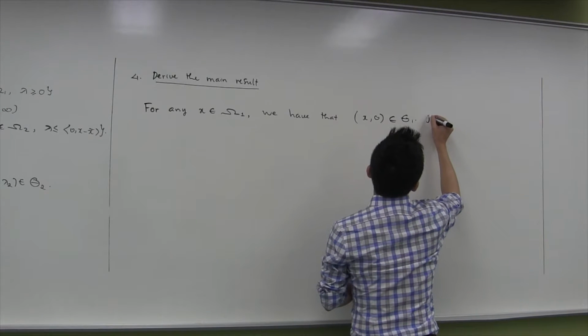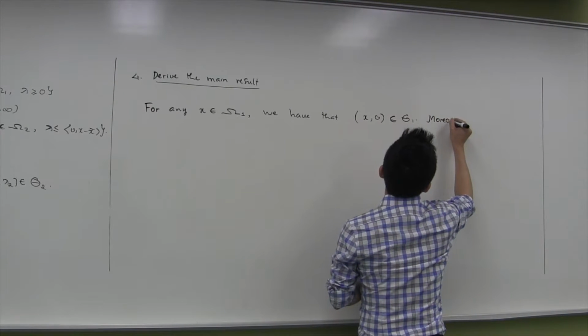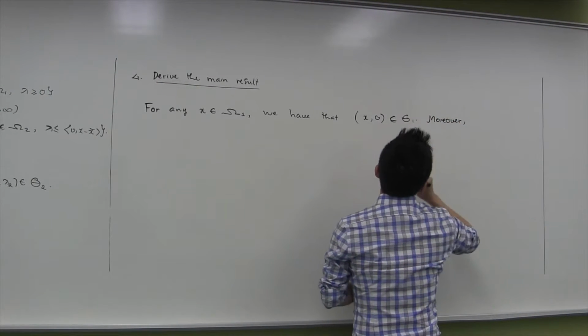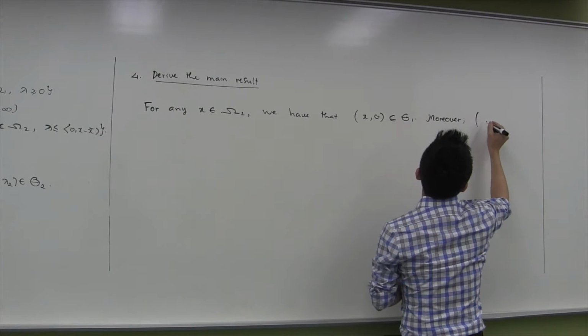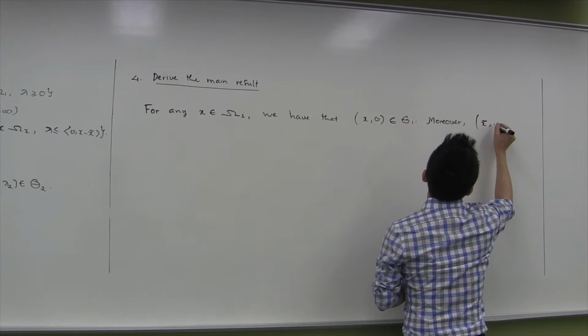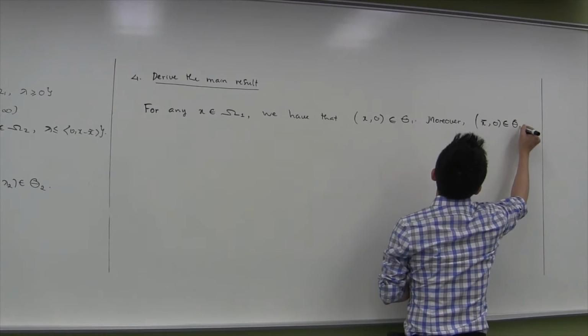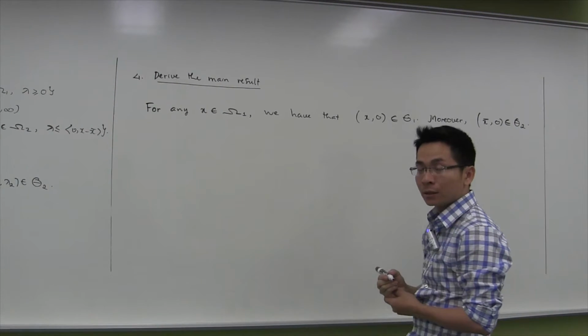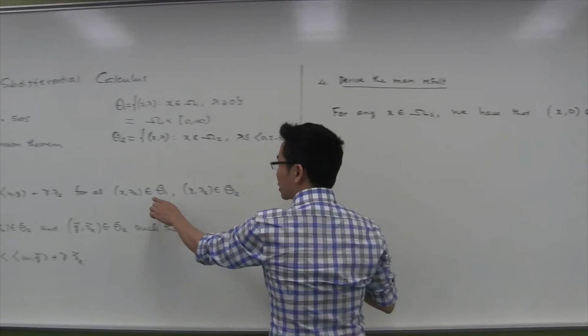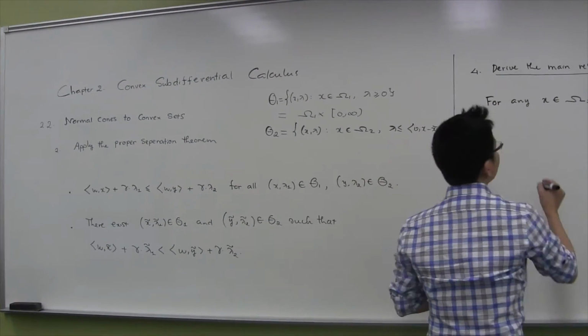Moreover, the element x bar 0 always belongs to theta 2 as mentioned earlier, then we can apply the first property here to have the following.